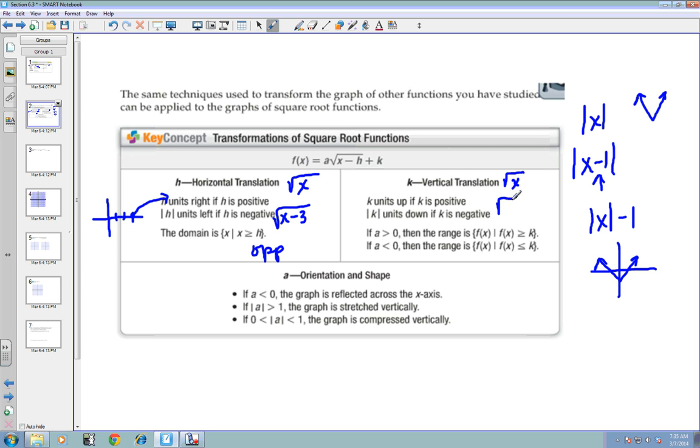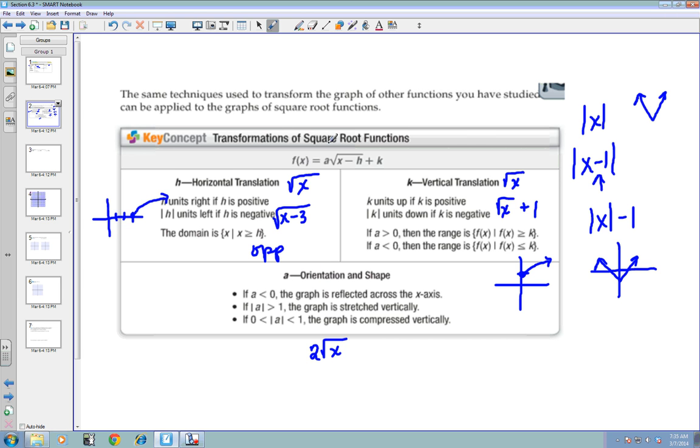If I have a number outside of the square root sign, like this, that means my parent graph, instead of starting at 0, is going to be shifted up 1 unit. And we'll do more examples like that. And then sometimes you're going to have a number like 2 in front of the square root.